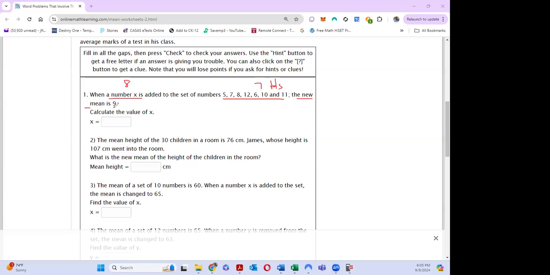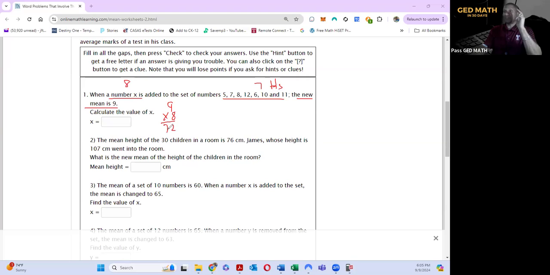If the mean is 9, we're going to work backwards. Now we're multiplying: 9 times 8 is 72. And then we add these numbers up and subtract that from the 72. So we get 20.